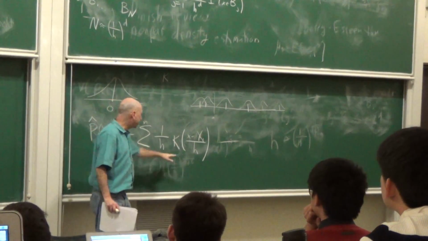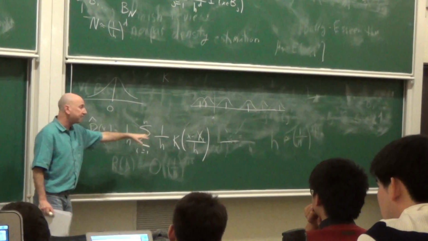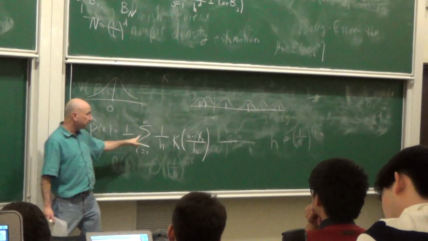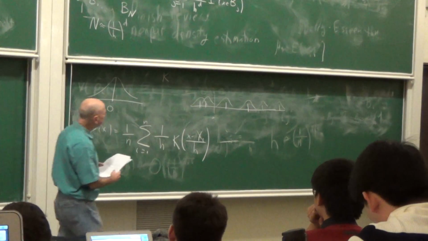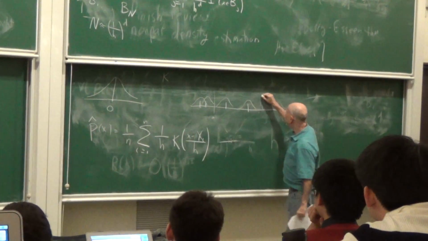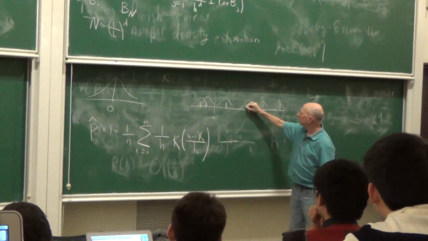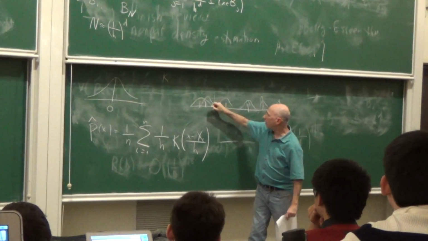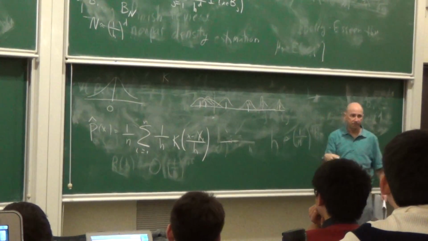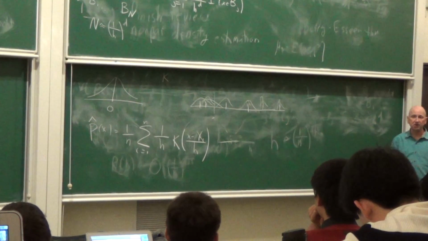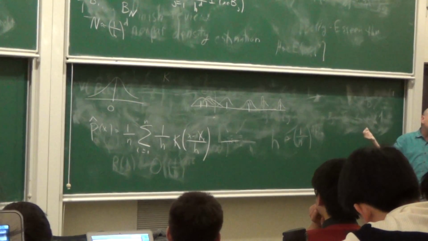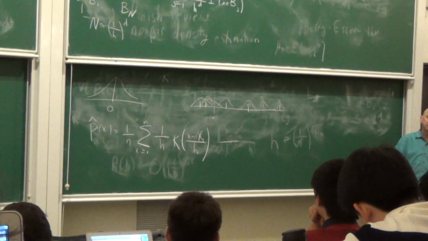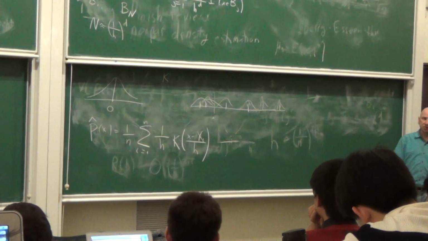Each one of these integrates to 1, and it's an average, so the whole thing integrates to 1. And all the h is doing is, when h is small, I'm putting very peaked kernels, but when h is big, I'm putting very broad kernels. This is what's controlling the amount of smoothing. In histograms, it was the size of the bins. Here it's the size of the kernel. It's the bandwidth. That's our smoothing parameter.